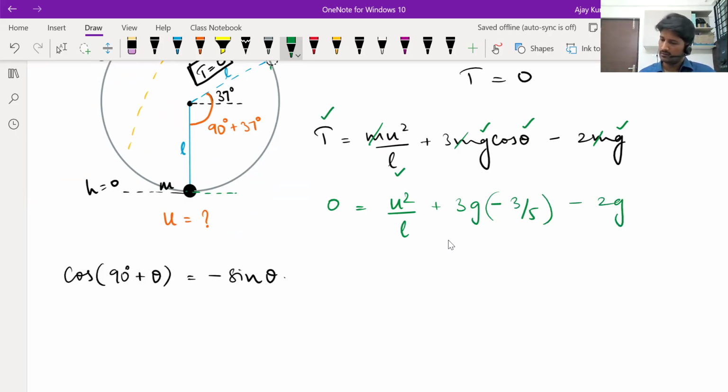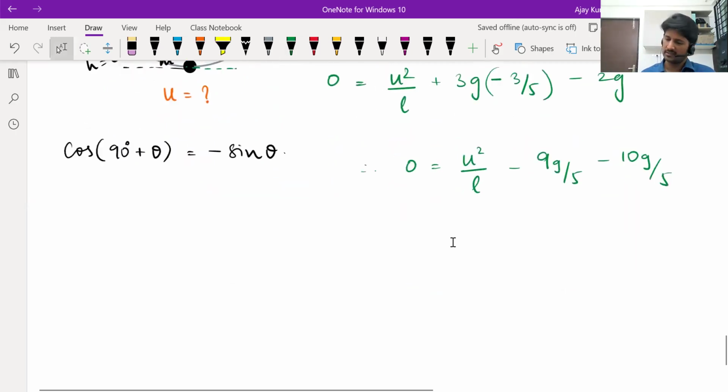That's all. Therefore, 0 is equal to u square by L minus 9g by 5 minus 2g, which can be written as minus 10g by 5. Minus 9 minus 10 is minus 19. This side becomes plus 19. Therefore, you get u square is equal to 19 by 5 GL. Fine.